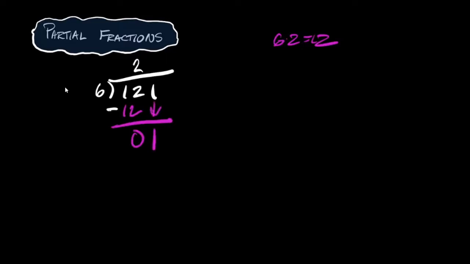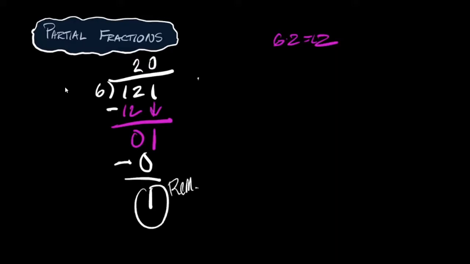Now how many times does 6 go into 1? We know it goes in 0 times. So we subtract 6 times 0, which is 0, and we get a 1 here, and we can't pull down any more numbers. So this is going to be our remainder.